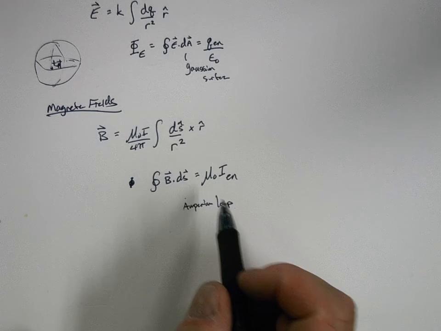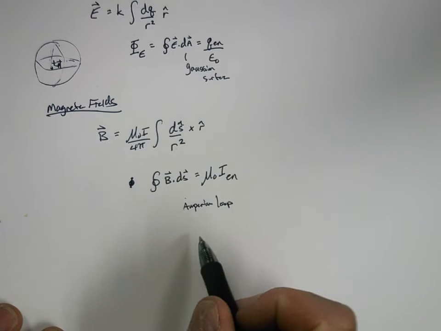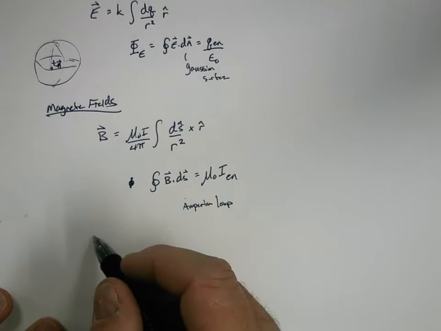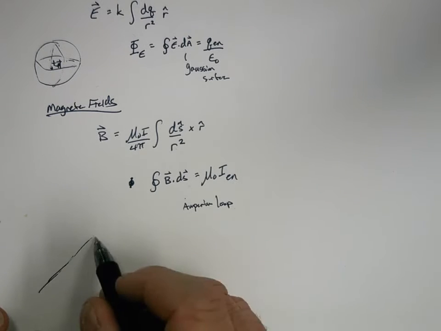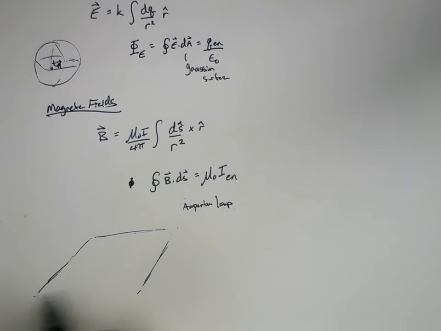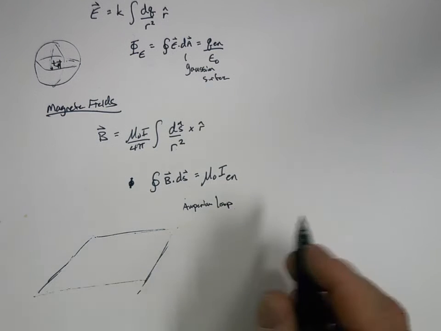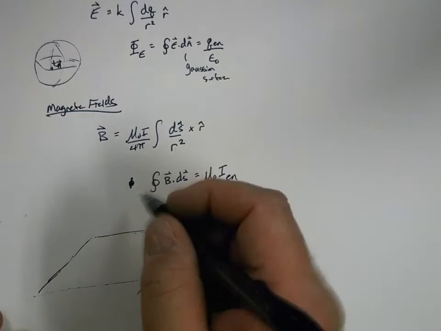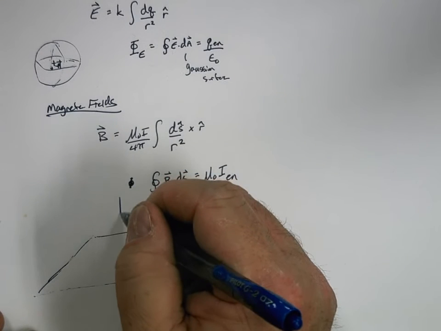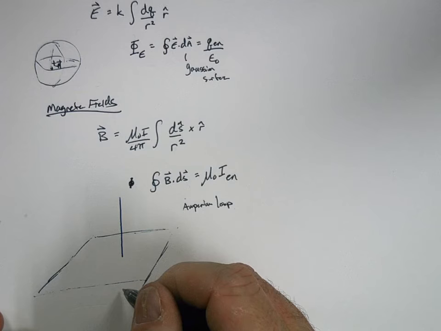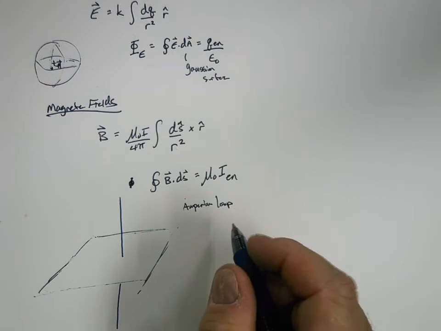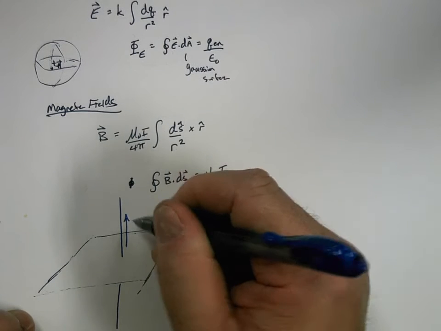All right, so let's look at this for a second. We're going to draw a plane here, and we have a current going through our plane.